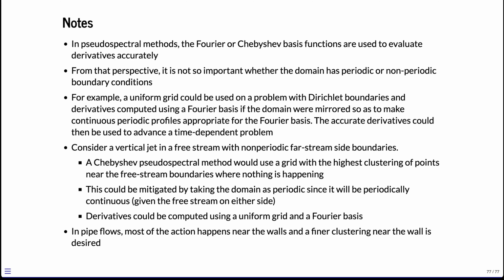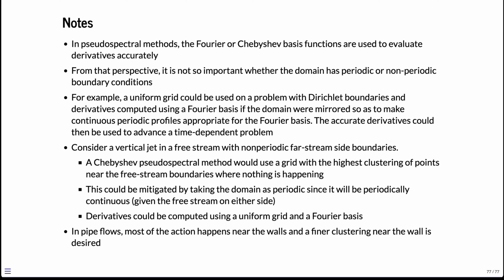However, in pseudospectral methods, the Fourier or Chebyshev basis functions are used to evaluate the derivatives accurately. From that perspective, it's not necessarily so important whether the domain has periodic or non-periodic boundary conditions. So, for example, a uniform grid could be used on a problem with Dirichlet boundaries and derivatives computed using a Fourier basis if the domain was mirrored so as to make a continuous periodic profile that would be appropriate for a Fourier basis.